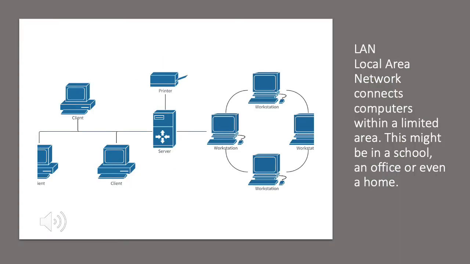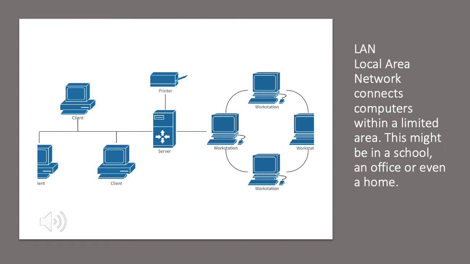A local area network is a network that is capable of interconnecting a large number of computers, terminals, and other devices within a limited geographical area, usually around 1 kilometer across.